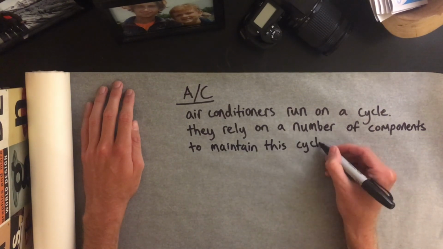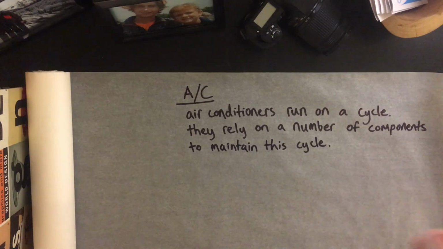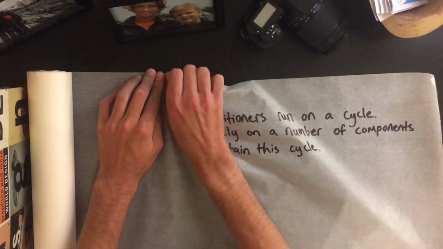Air conditioners run on a cycle. They rely on a number of components to maintain this cycle.